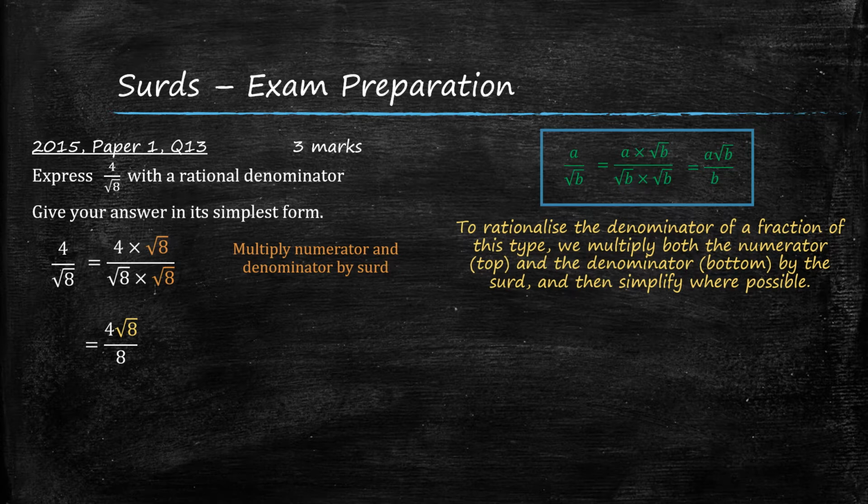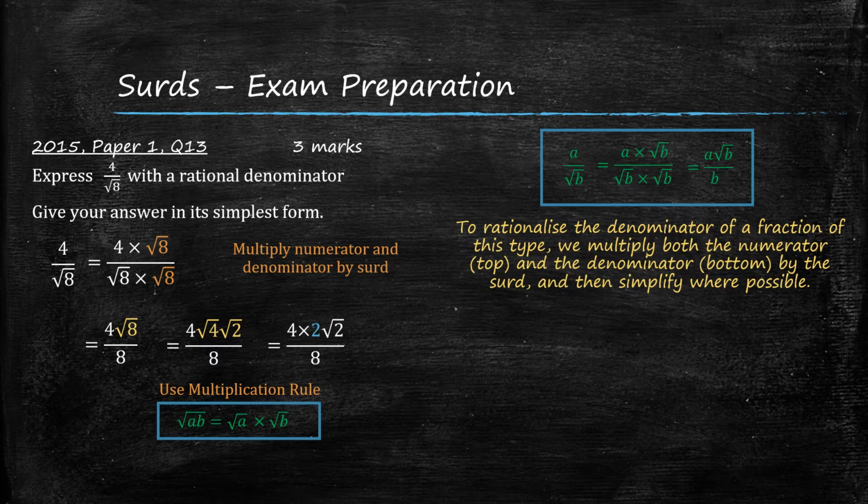Now we have root 8, we want to use the surds multiplication rule, and we can split out the root 8 into root 4 times root 2. So this gives us 4 times 2 root 2, because the root of 4 is 2. And this gives us 8 root 2 over 8. And then we can cancel the 8s out, and this gives us root 2 as our answer.